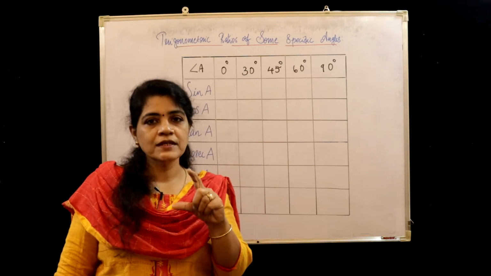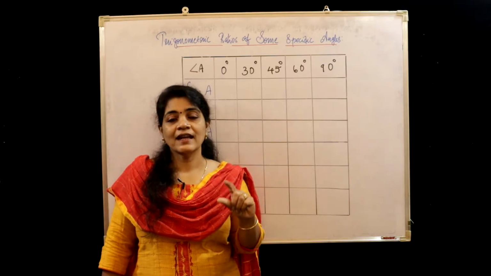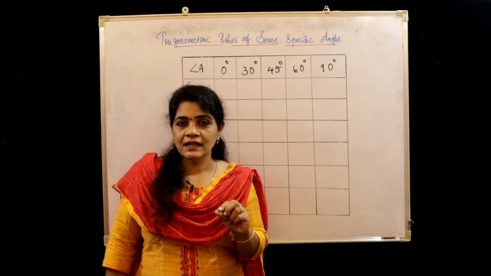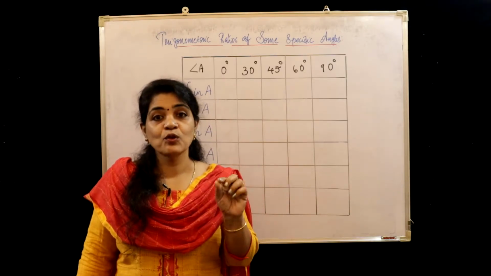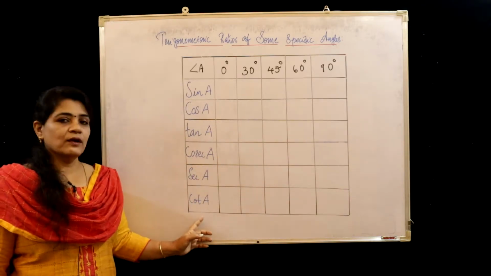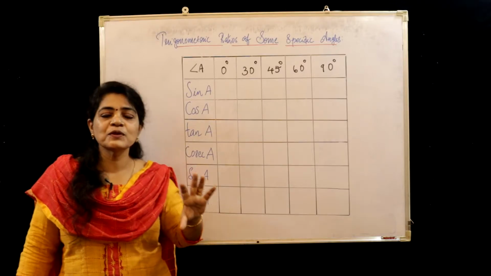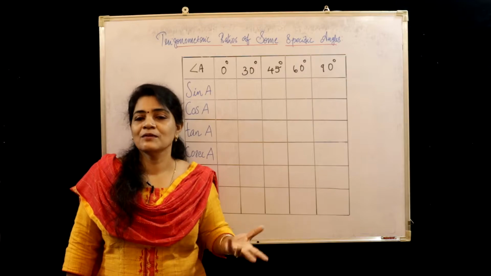You can express tan A as sine theta by cos theta. And the reciprocal relations: sin theta equal to 1 by cosec theta, cos theta is equal to 1 by sec theta, and tan theta equal to 1 by cot theta. Using these results children, you can easily learn these values without any mistake.